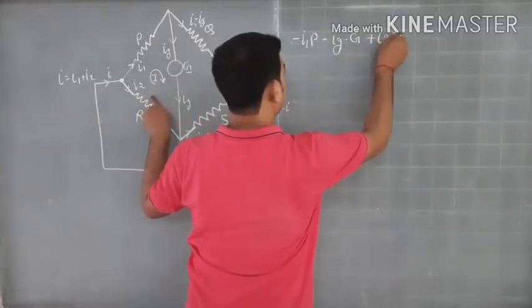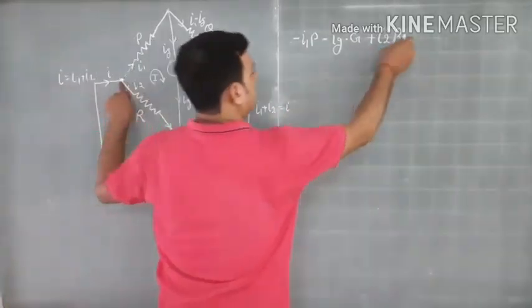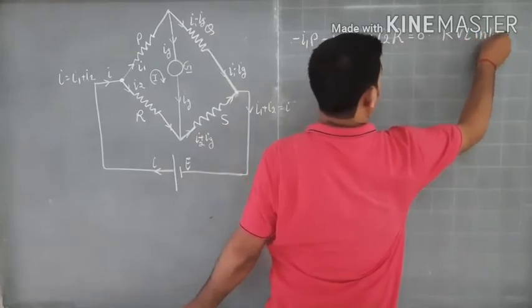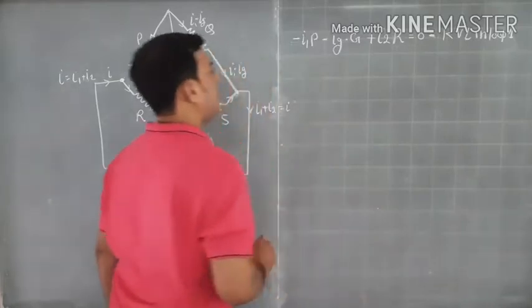So this is plus I2 into R, and once again we reach the same point, so I will equate it to 0. This is KVL in loop 1. This is my first equation.